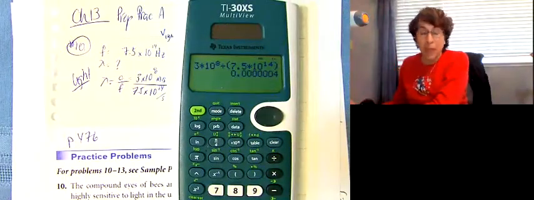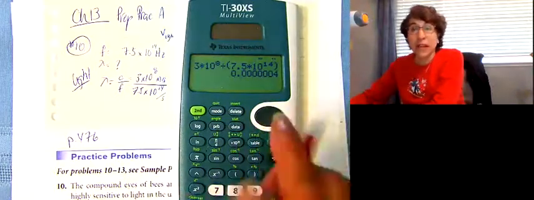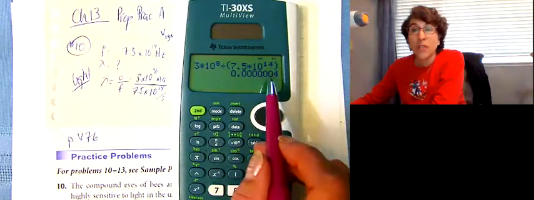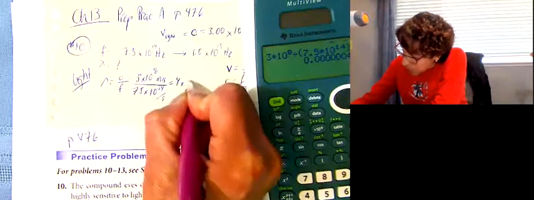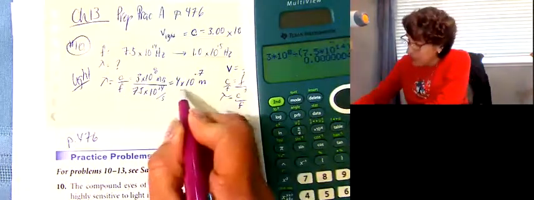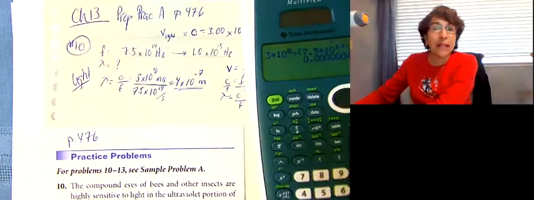I get a really, really small number. I have to count on this kind of calculator; more expensive calculators will do this for you. So 2, 4, 6, 7. This is 4 times 10 to the negative 7 meters. That's the wavelength, and it's really tiny. All right, let's do the other one.